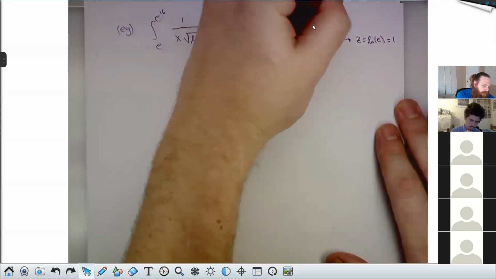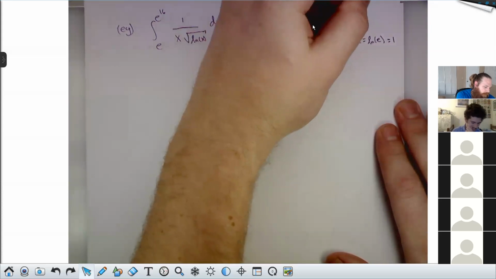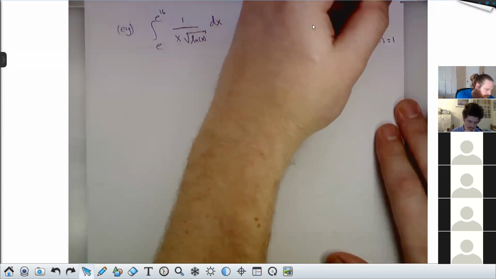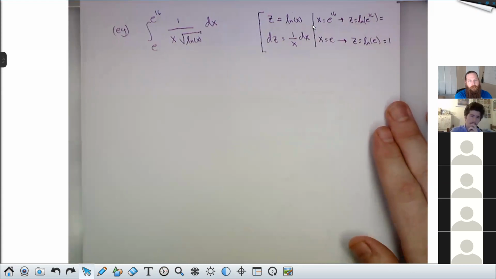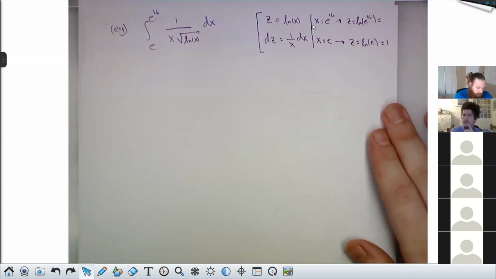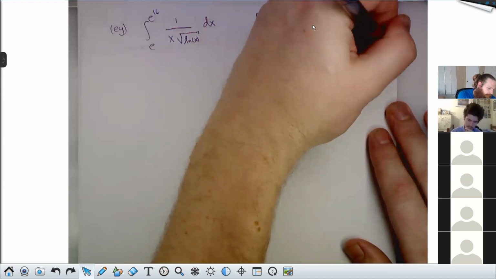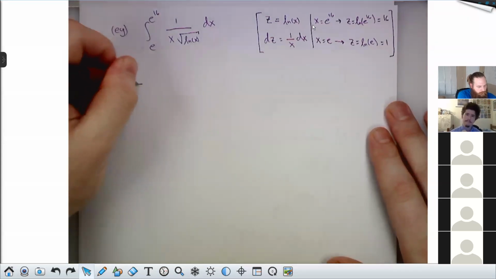And when x is equal to e to the 16, then z will be the natural log of e to the 16. What is that? 16. Good, yeah, 16. Remember, the natural log is the inverse of the base e exponential, so they undo each other perfectly.